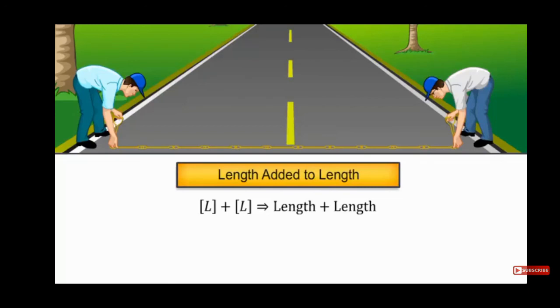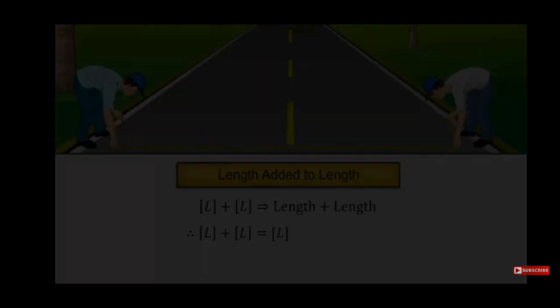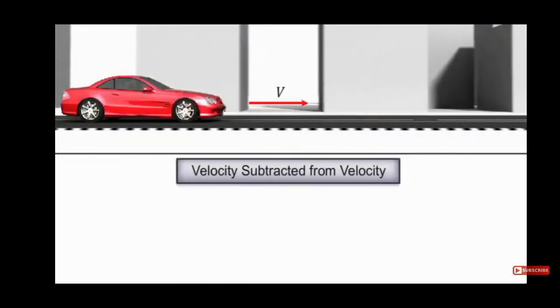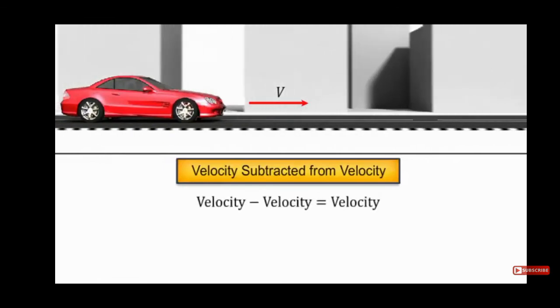So, we get length. Again, it is not 2 times L as we are not adding the magnitudes of the length. Similarly, if velocity is subtracted from velocity, we get velocity.